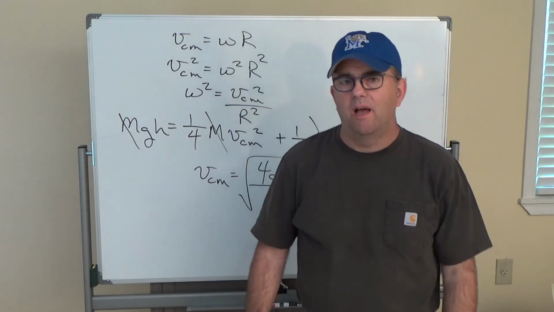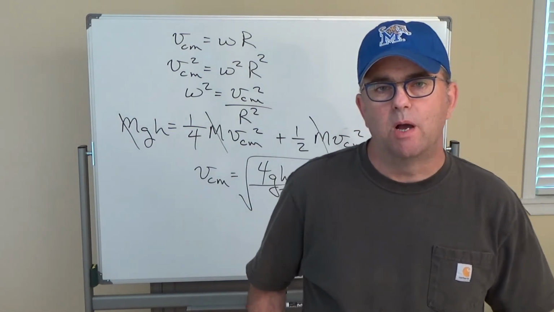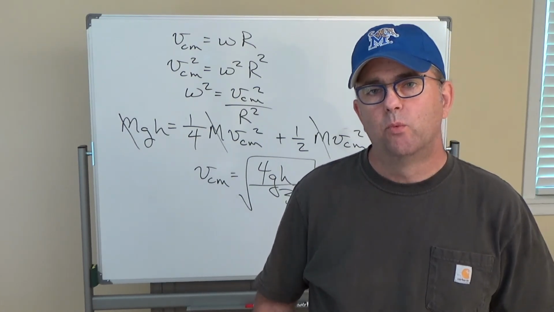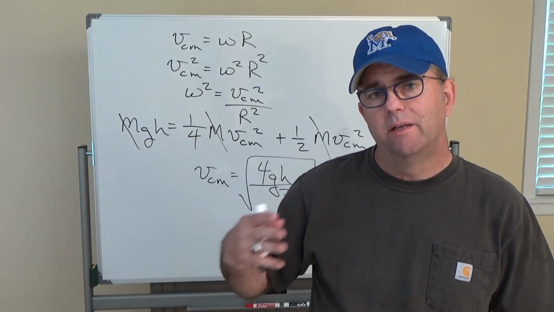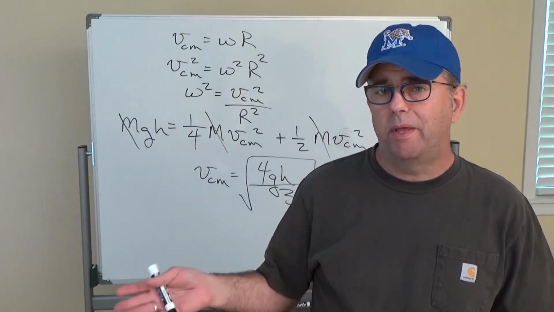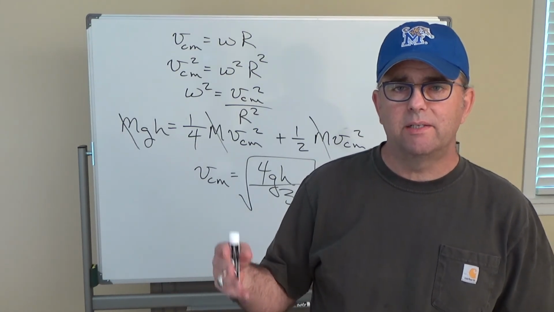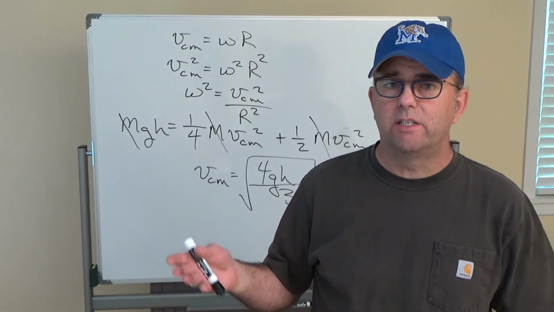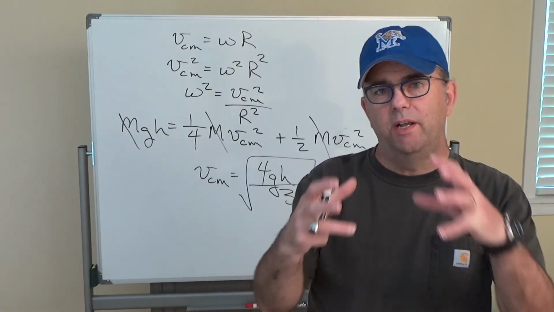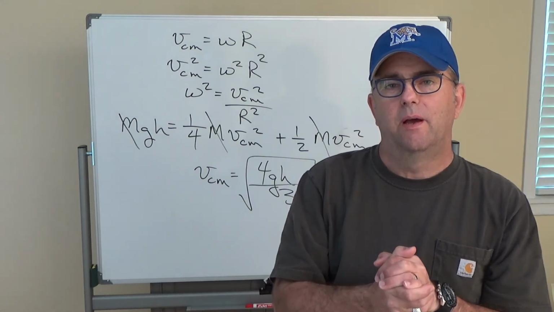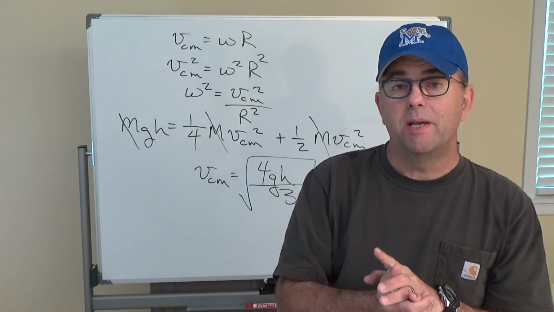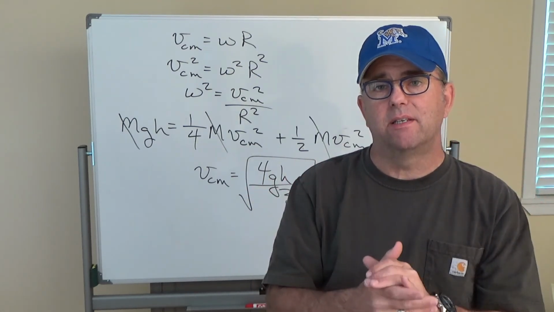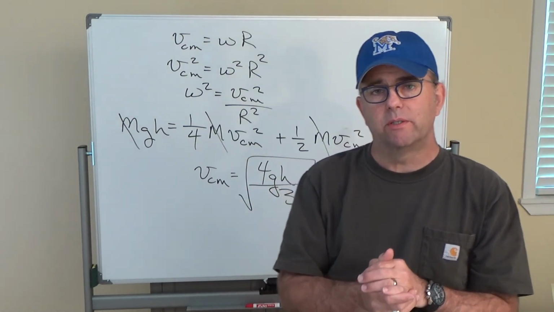If we had more time and if I was able to do some demos for you, I would show you how different objects will reach the bottom of an incline at different times, independent of their radius and their mass. Like every disk will beat every spherical shell. It depends on that moment of inertia. It depends on how the mass is distributed on the object.